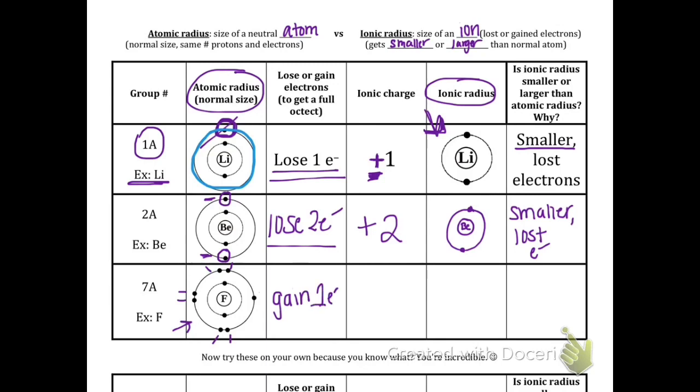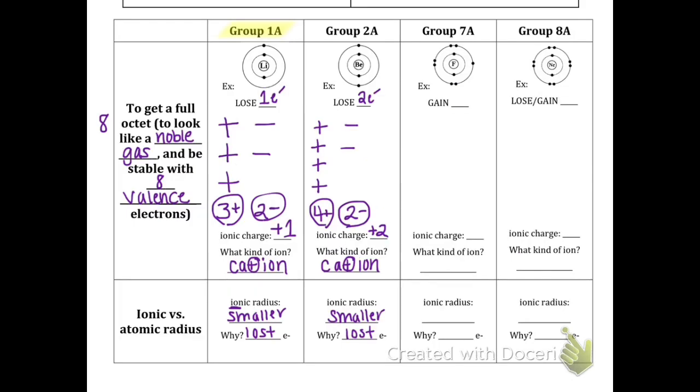Pretty simple enough. Now, going back, if we gain 1 electron, let's do a count really quick. So we originally have 9 protons. So I'm going to do 1, 2, 3, 4, 5, 6, 7, 8, 9. That's 9 plus signs. Now, I would have normally 1, 2, 3, 4, 5, 6, 7, 8, 9 electrons. Now, what did I say I was going to do? I said I was going to gain 1 more.